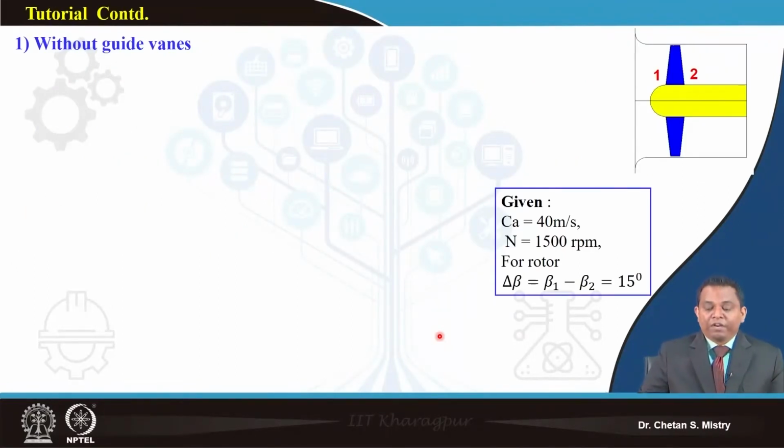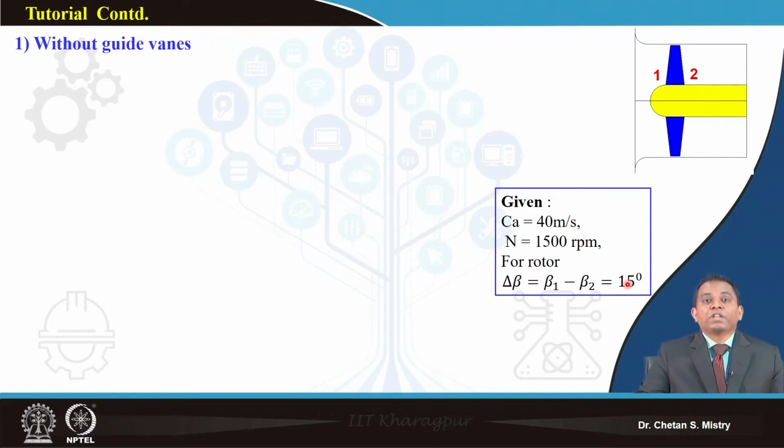Now for this configuration, what we know is our axial velocity, 40 meter per second. We have our peripheral speed, which we can calculate using the rotational speed of 1500 rpm. For the rotor, my delta beta, the flow deflection angle, is given as 15 degree.